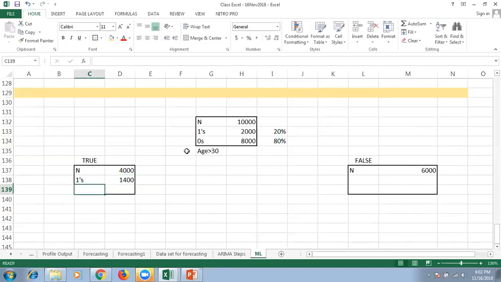And in this case, zeros are how much? 2,600. And how many ones are there in this case? 600 ones, because anyway 2,000 ones in total, and 1,400 are on that side. That means zeros is how many? 5,400. So how much percentage do you have here? This by this, right?